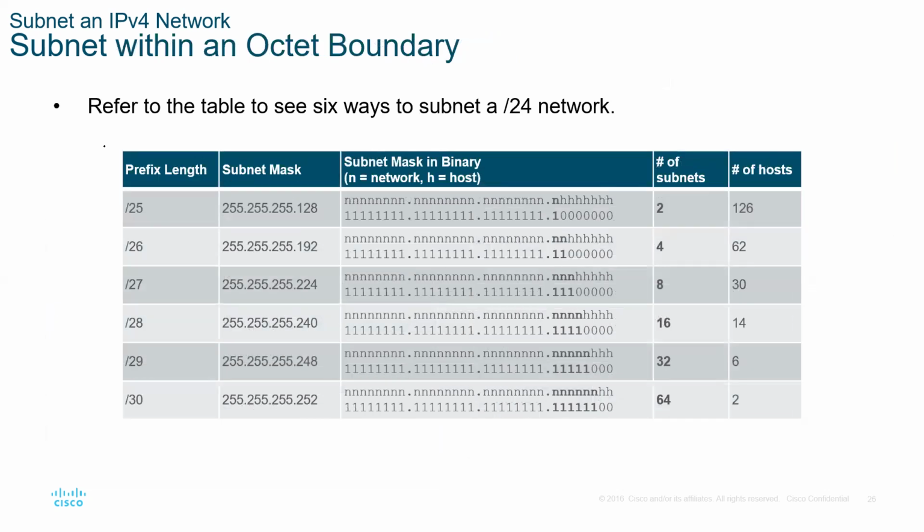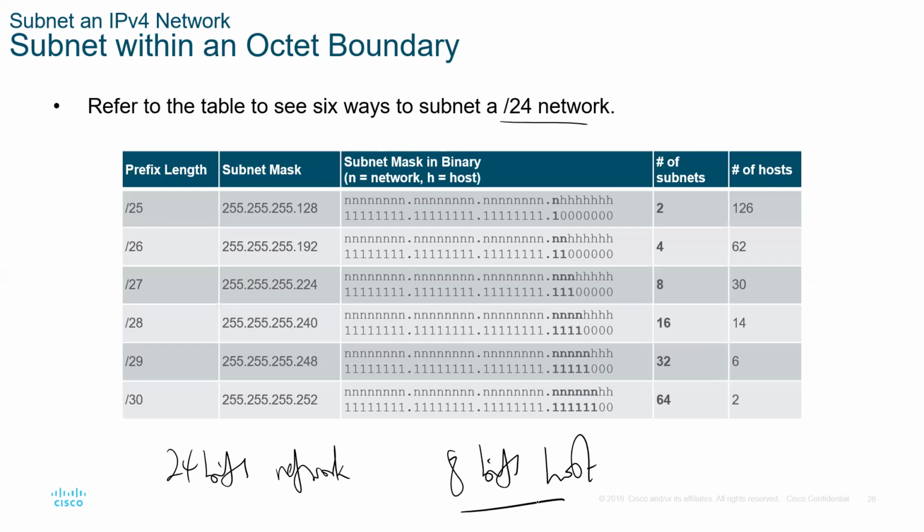This one is much easier to subnet. Let me use the /24 table to see 6 ways to subnet a /24 network. This is a /24 network. What a /24 network means, we have 24 bits for the network side. We have 8 bits for the host side. 8 bits means maximum 256 addresses.